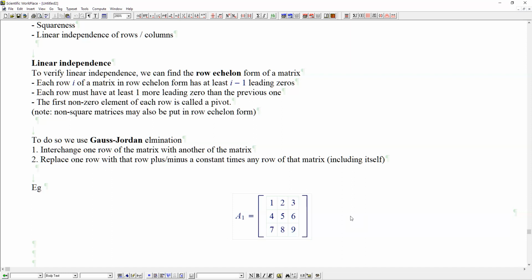So I'm going to add -4 times row 1 to row 2, and add -7 times row 1 to row 3.